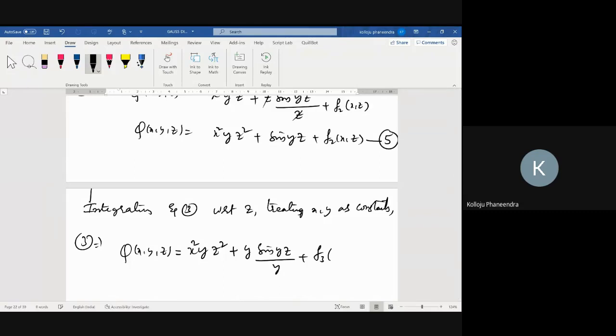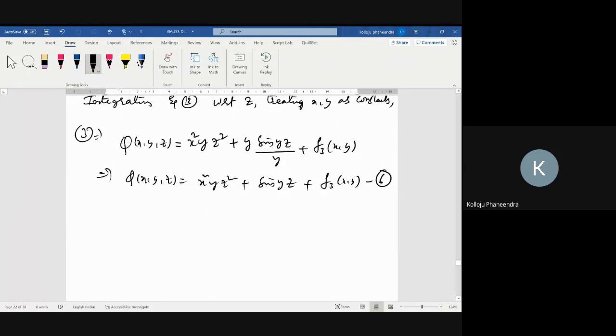Constants are these two, so φ(x,y,z) = x²yz² + sin yz + f3(xy). This is equation 6.